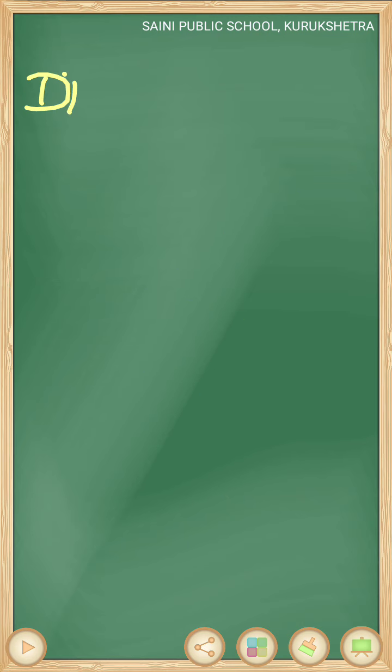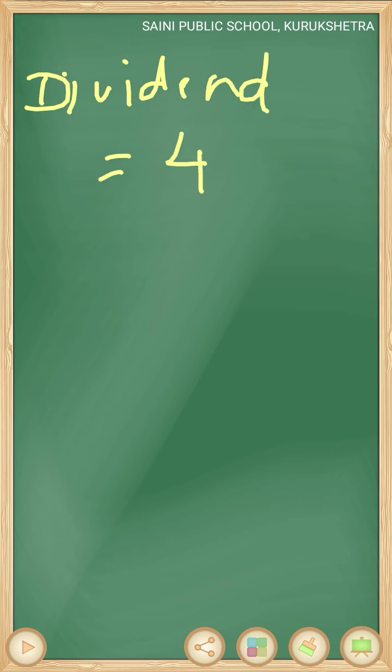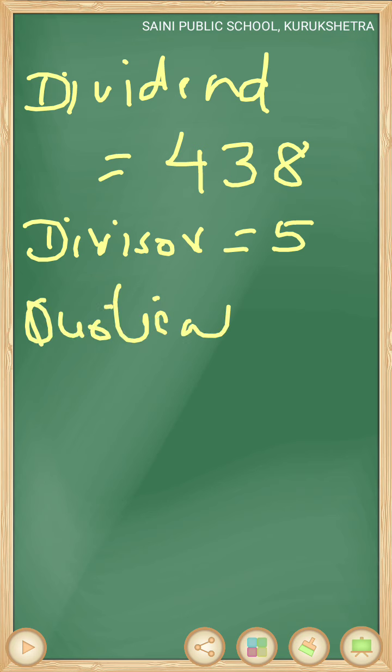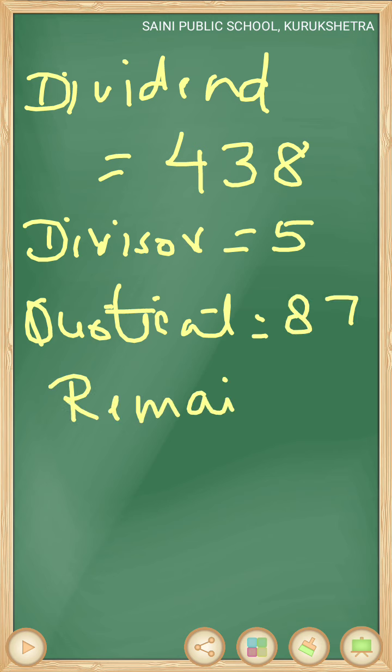Here our dividend is 438. Our divisor is 5. Our quotient is 87 and our remainder is 3.